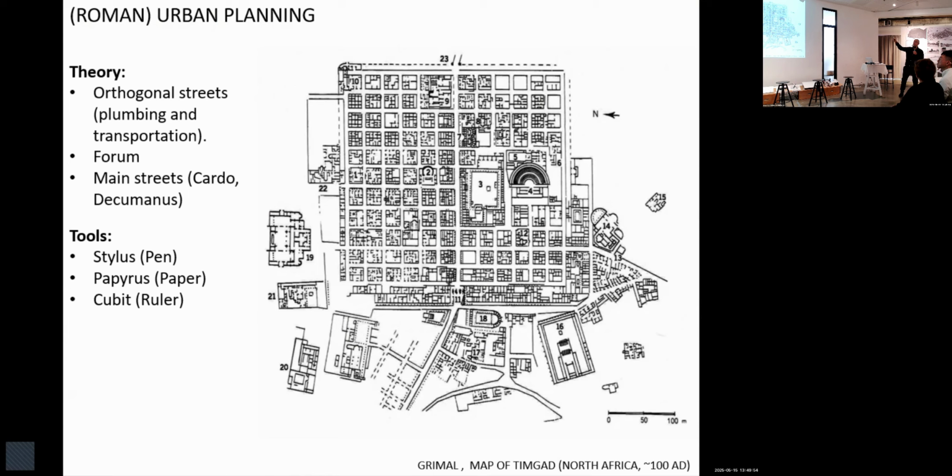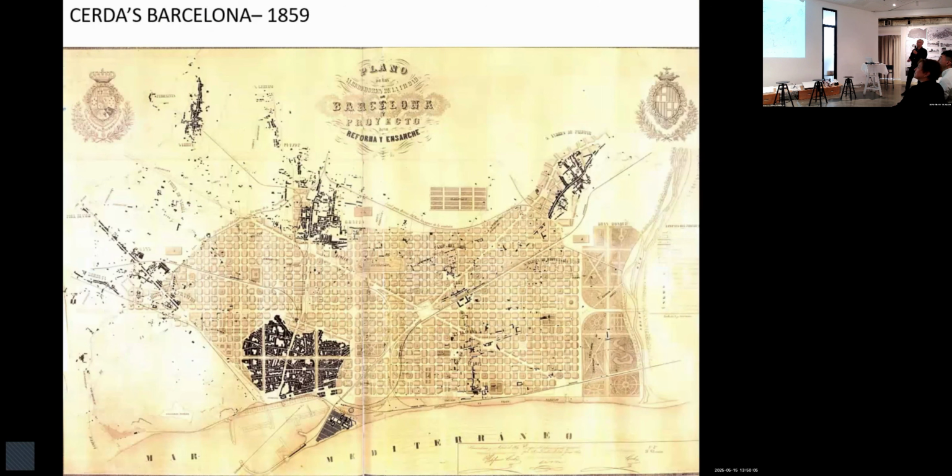And I think it's these two things, the theory and the tools, that I'm going to try to make sense of in this lecture. It's a bit ambitious. This goes on, right? So fast forward almost 2,000 years, and tools have not changed much. The pens have improved a bit. And urban design is still more or less the same tools.